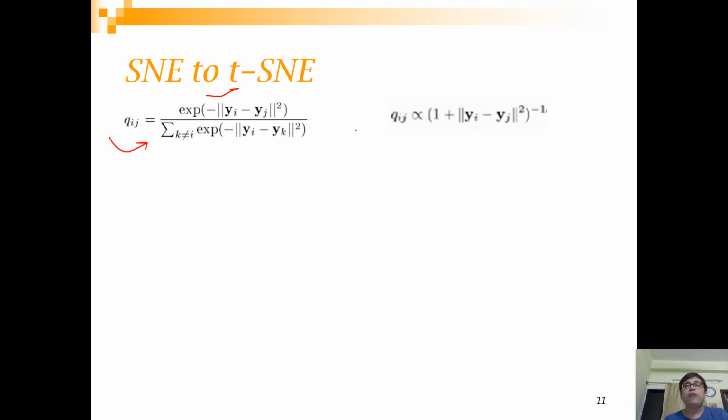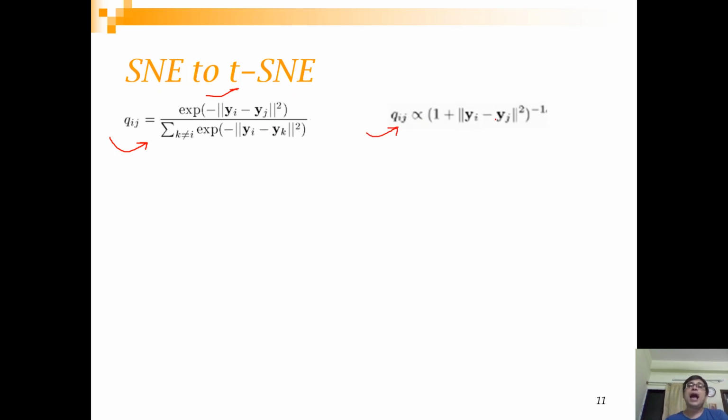So this was the probability distribution that we were using in the lower dimension, right? As I said, this follows kind of a Gaussian distribution. This was in SNE. In tSNE, a different formula is used. The formula is something like this.